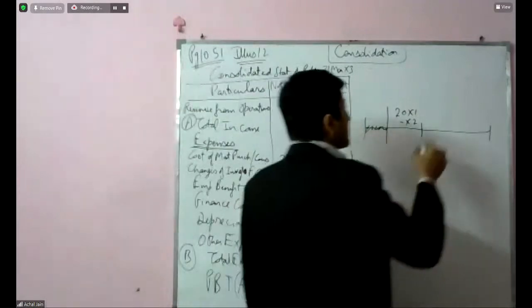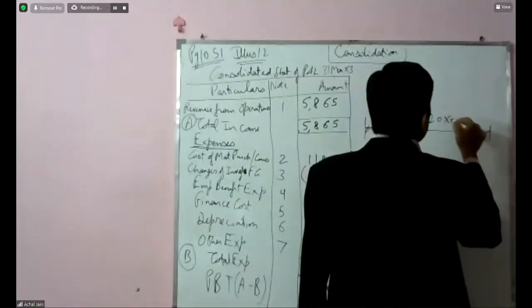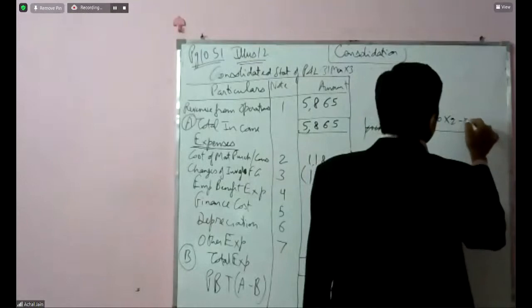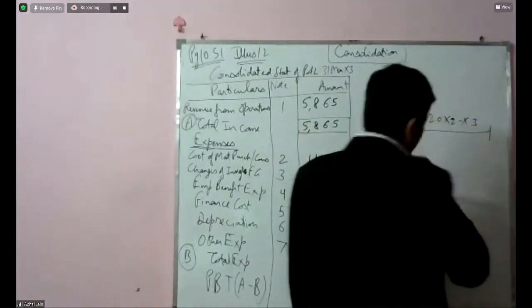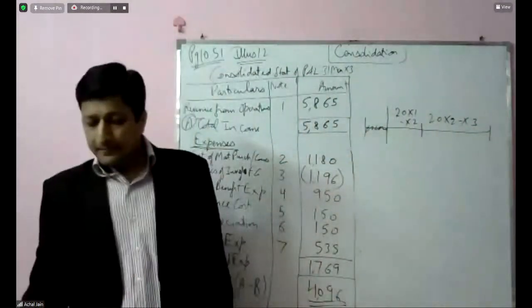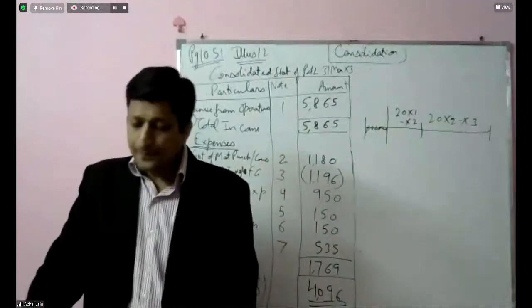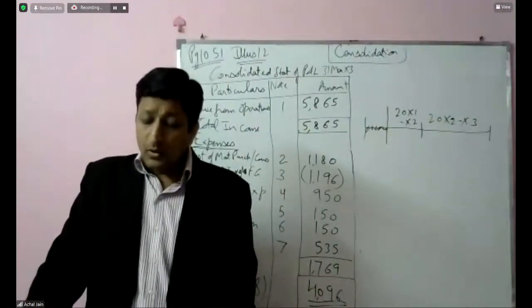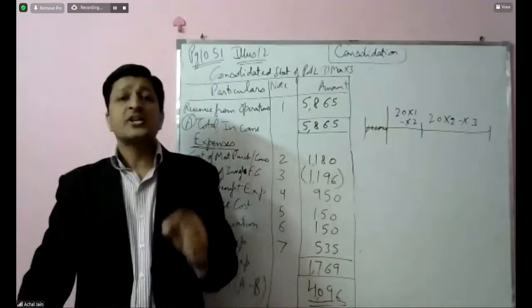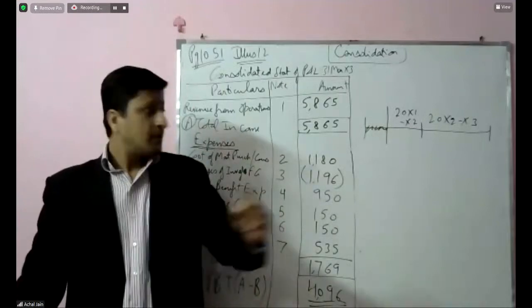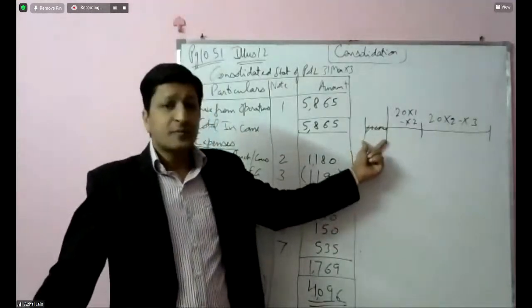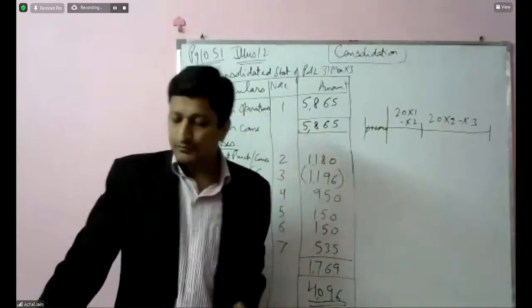And then we have this information for X2, X3, for which we have prepared the P&L. Now, H Limited held the shares of S during this period, means prior to X1, X2.